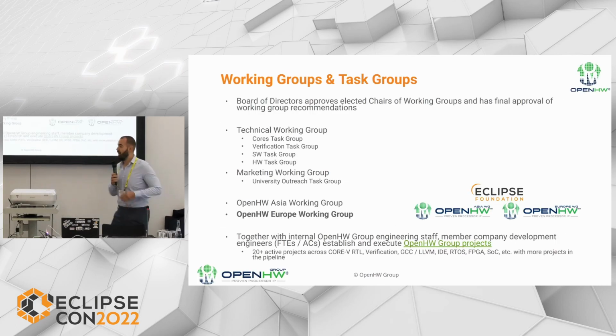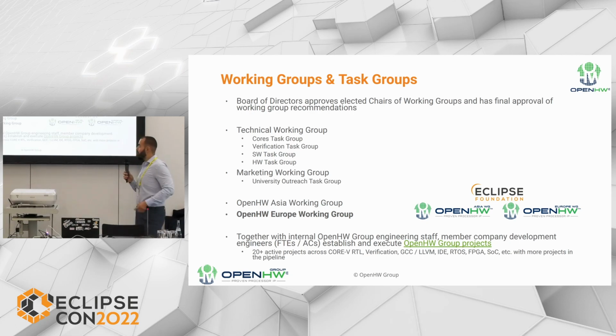The way we are structured is via working groups and task groups. We have a board of directors, then we have the technical working group that curates the technical part of our ecosystem, which is split into core, verification, software, and hardware task groups. So this is to focus more on technical activities.